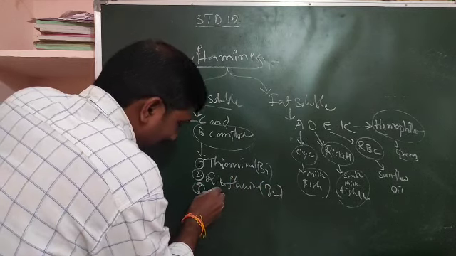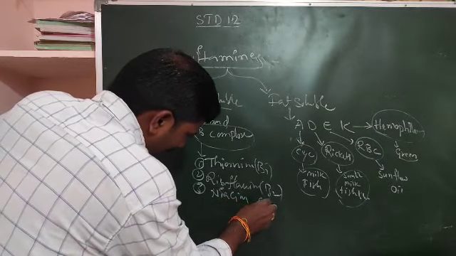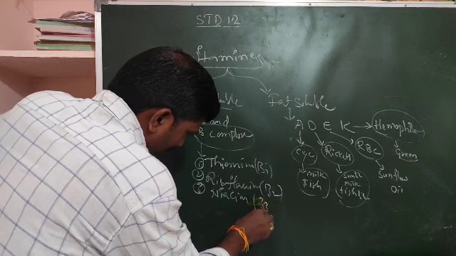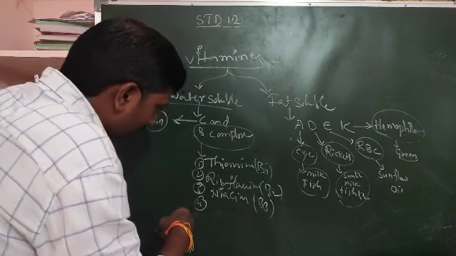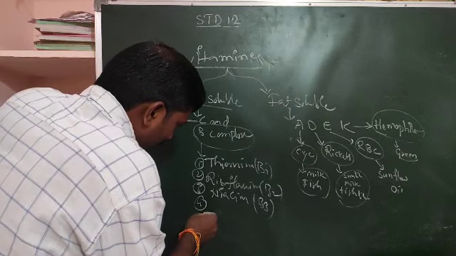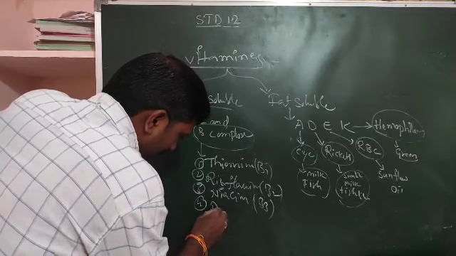Third is niacin, B3. Fourth is B6, pyridoxine.